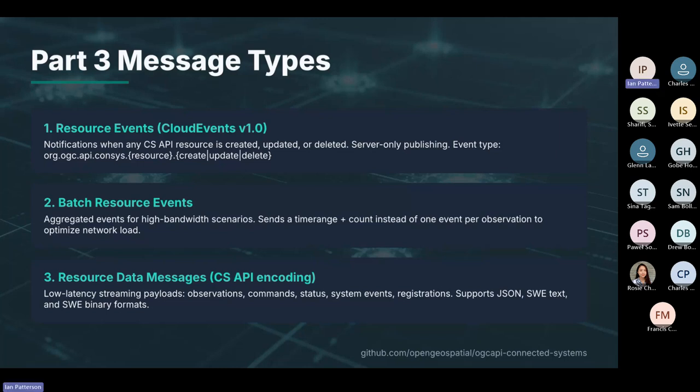And on the subject of observations, we have these batch resource events. A batch resource event is just an aggregation of particular types. Right now, all that we're working with is observations, and what it will do is provide you a time range and a link to all of those observations, so you can filter on that time range.